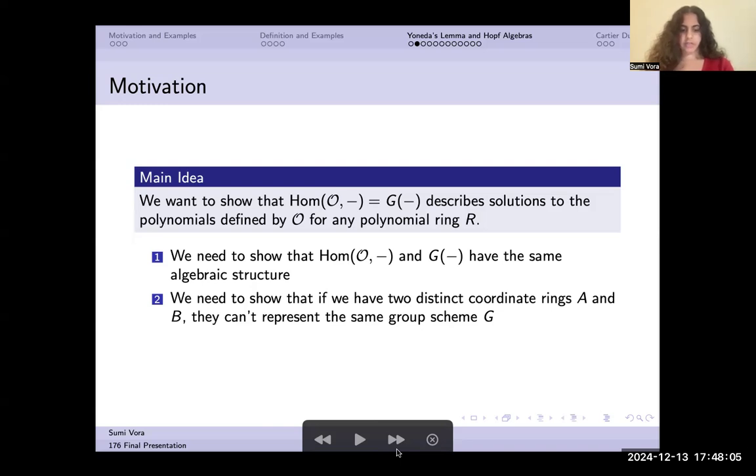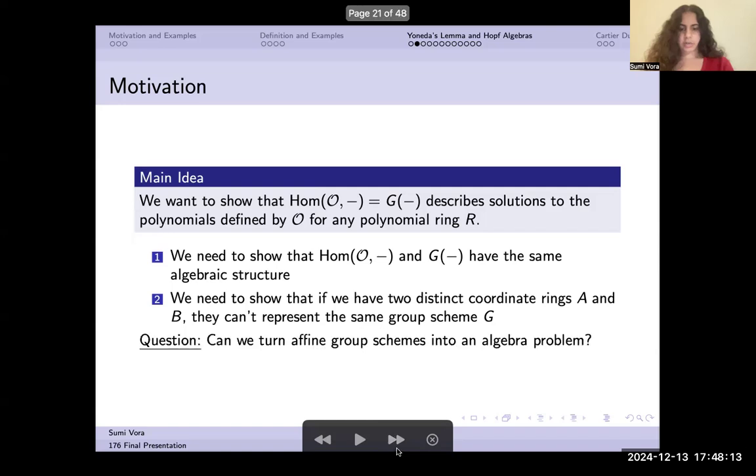But in the context of affine group schemes, when we consider the whole functor itself, this is actually one-to-one. And from there, we'll talk about how we can turn affine group schemes into an algebra problem, so how we can make an equivalence between affine group schemes and some algebraic structures.